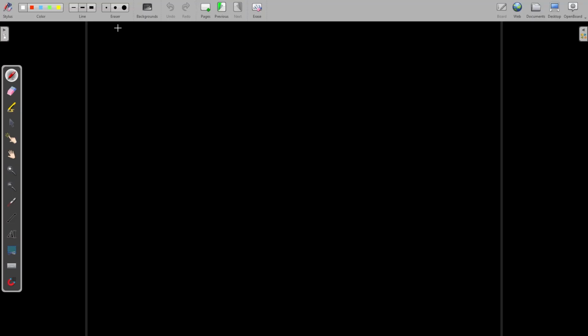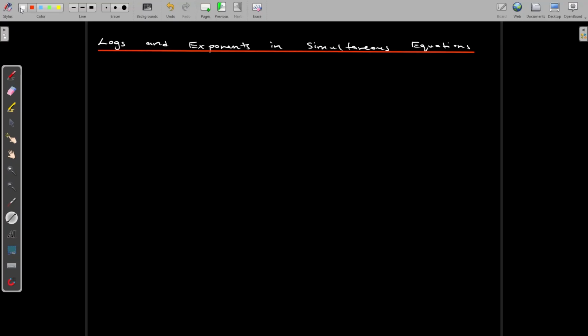That we'll be looking at is logs and exponents in simultaneous equations.